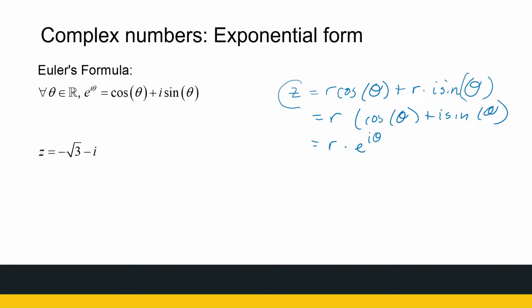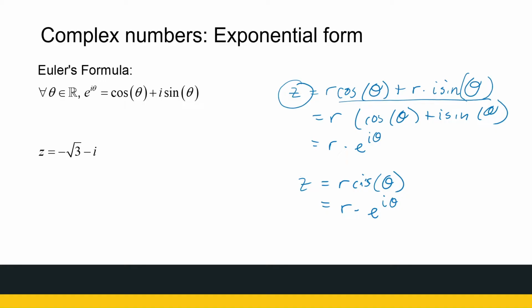So that means if I've got a complex number in polar form, so if I know z is equal to r cis theta, I can represent it in exponential form as r times e to the power i theta. So it's another representation that helps us with some other calculations, but we're not going to spend too much time on this representation. So we've got r times e to the power i theta.